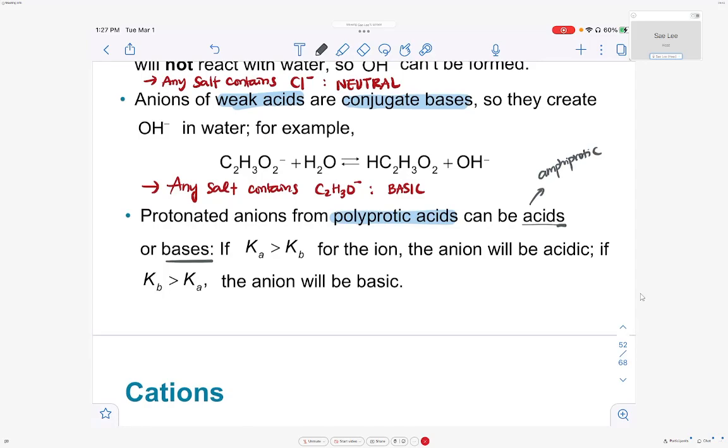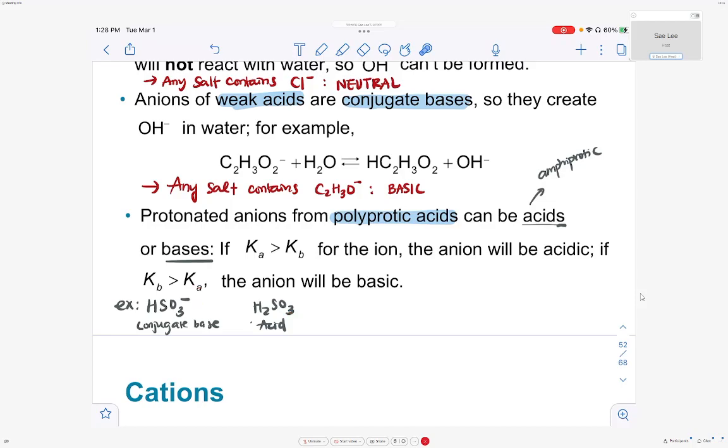So let's take a look at, for example, hydrogen sulfide. This anion is a conjugate base of sulfurous acid. Sulfurous acid is a polyprotic acid because it has more than one proton.